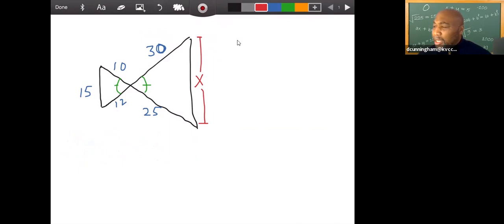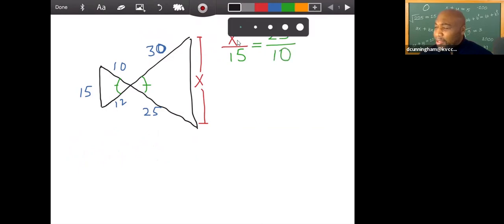What we're saying here is X over 15 is equal to, since I used the bigger triangle first, 25 on the bottom, divided by 10.